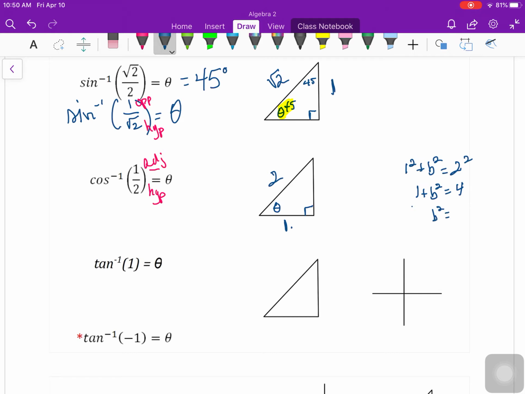That's b squared equals 3. So b is square root 3. Well, I know across from a square root 3 is a 60 degree. Across from the 1 should be the 30 degrees. So right here, I can see that my theta is 60 degrees.